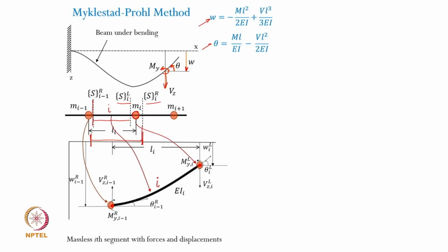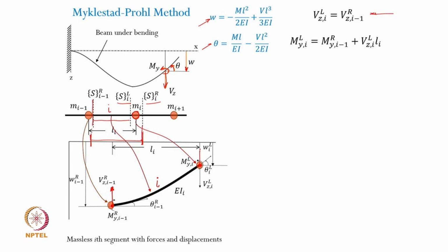So what we are going to do is, we will now start writing the relationship between these moments and shear forces. Now if you look at the force balance, the shear force on this extreme end, that is on the right of the previous segment, and at this location the shear forces are identical, because between these two ends of the segment there is no other force that exists, right. So the vertical force balance will result in this particular balance equation.